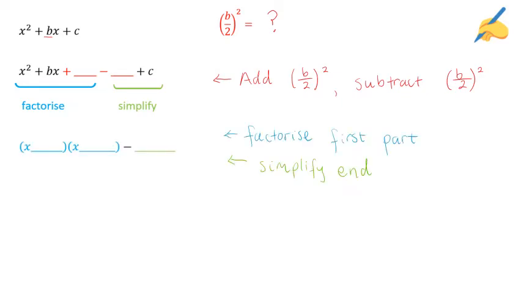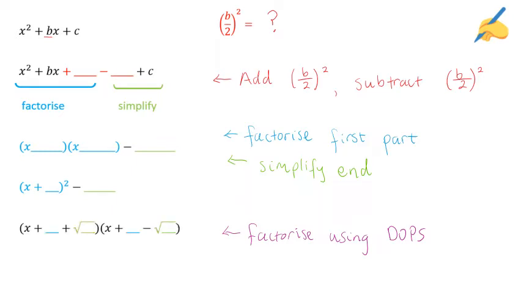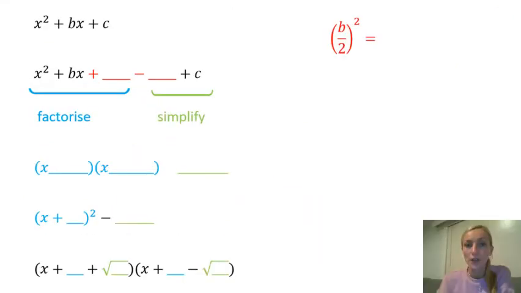So when factorised, it will be two brackets that should be the exact same, and simplifying the end, we're just adding or taking away the numbers at the end. Then, because the bracket should be the same, we can rewrite it out like this. And the last step is to factorise using dots that will look something like this. So please pause on this slide to copy this formula into your books.